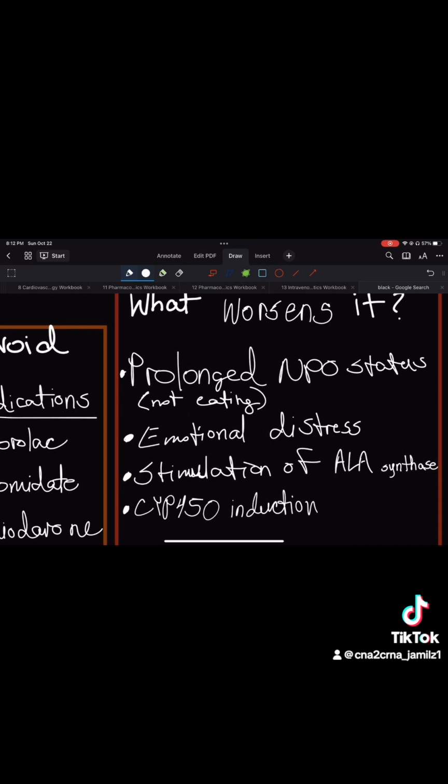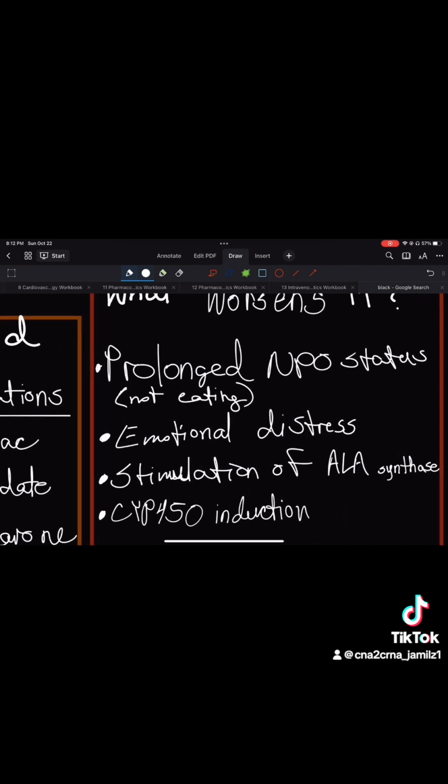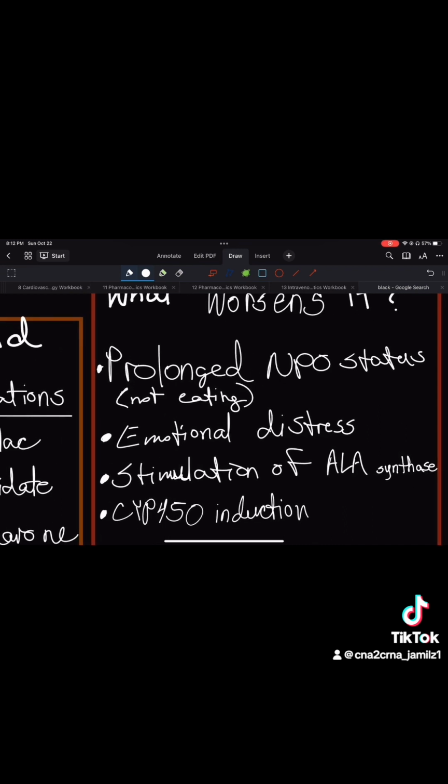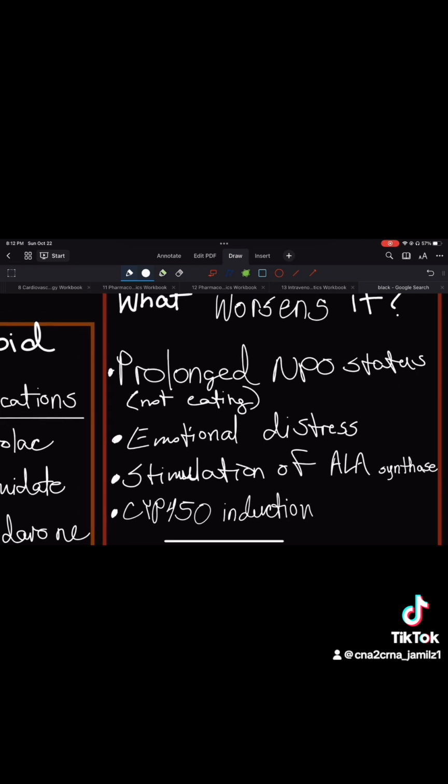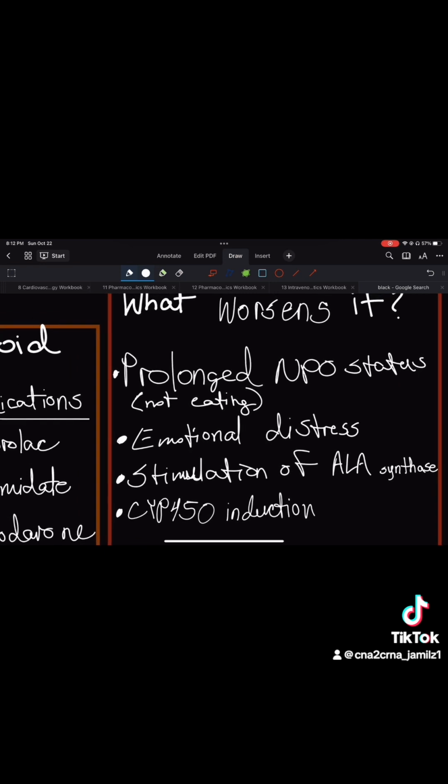As anesthesia providers, we need to be aware of the conditions that could possibly worsen or trigger the symptoms of AIP, because some of the things that we do as anesthesia providers can worsen these symptoms. Take, for instance, prolonged NPO status. When people are coming in for surgery, we tell them not to eat after midnight. And this is for good reason. It's for their safety.